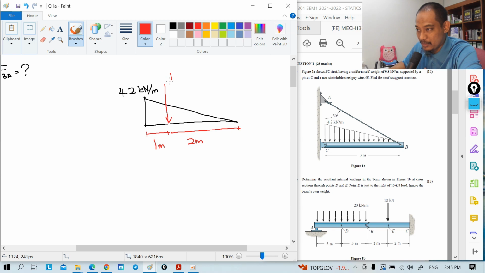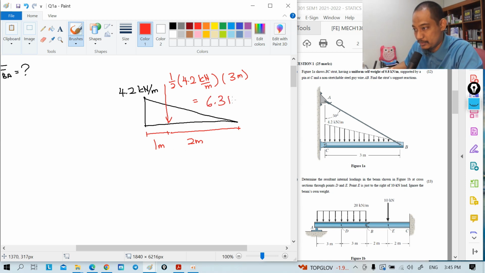So we have half times 4.2 kilonewton per meter, times this 3 meter. So this is equivalent to 1 divided by 2 times 4.2 times 3, so you get 6.3 kilonewton when you multiply the units. Verifying, 1 divided by 2 times 4.2 times 3 is 6.3.